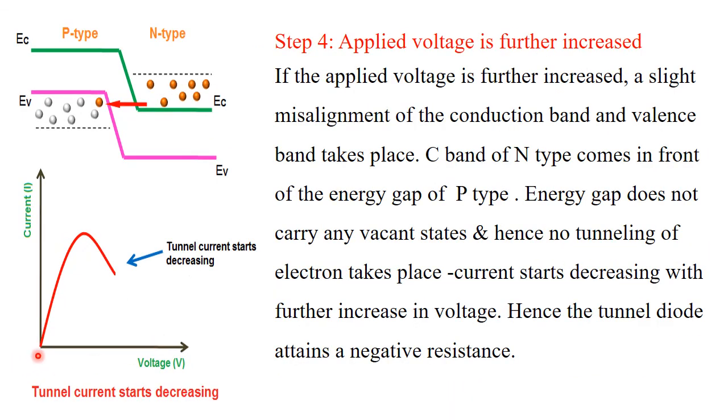Now as we keep on increasing the voltage across the tunnel diode, shifting of the bands will also keep on continuously taking place, and now you can see that the conduction band of N-type semiconductor is coming in front of the energy gap of P-type semiconductor.